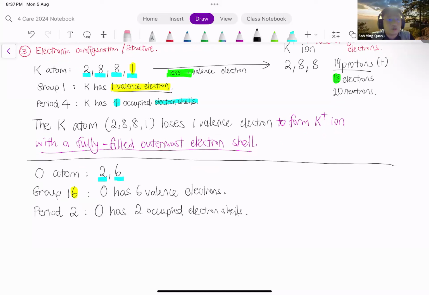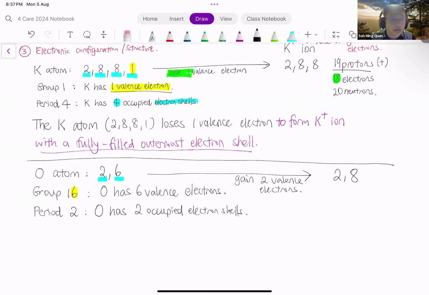So obviously, now that you know oxygen has 6 valence electrons, it's in group 16. If it's in group 16, clearly this is not stable. It doesn't have a fully filled outermost electron shell. And therefore, for oxygen to gain stability, it needs to make the outer shell fully filled. The only way it can do that is to gain 2 valence electrons, and hence you end up with 2,8.